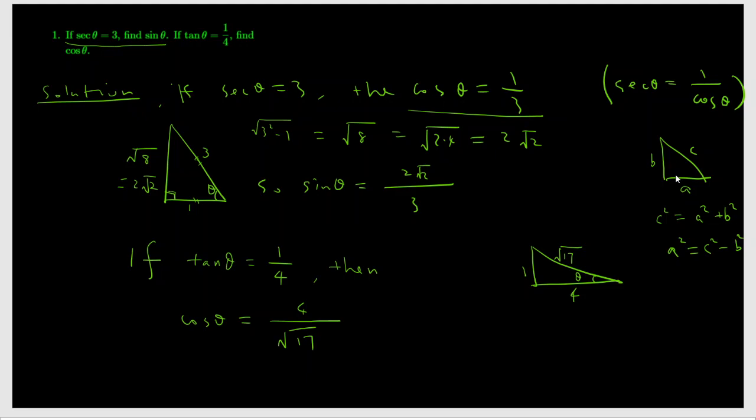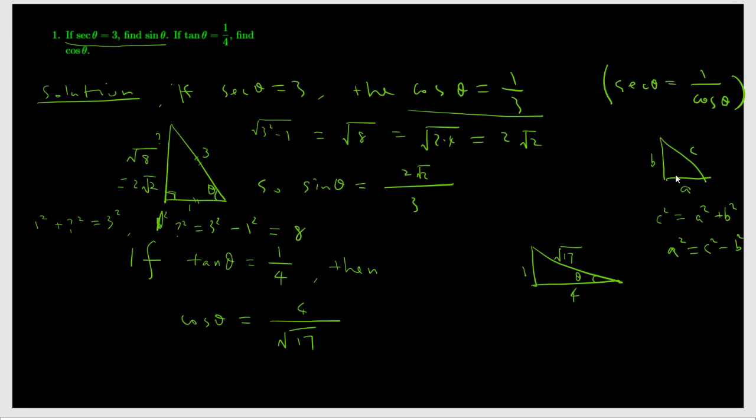If I use a question mark here, then in the triangle it's going to be something like 1 squared plus the question mark squared is equal to 3 squared. So the question mark squared is equal to 3 squared minus 1 squared, which is 8.